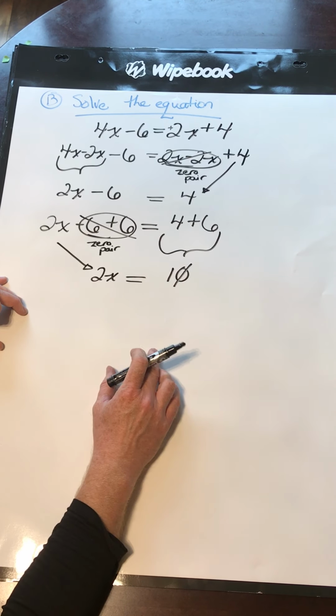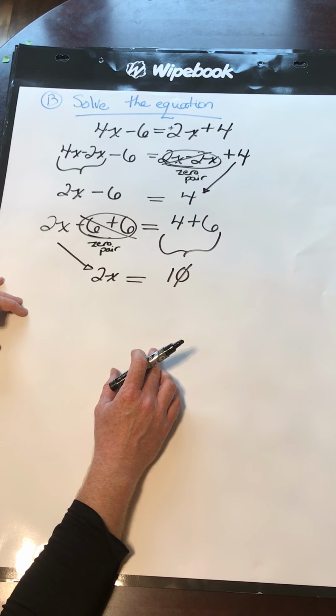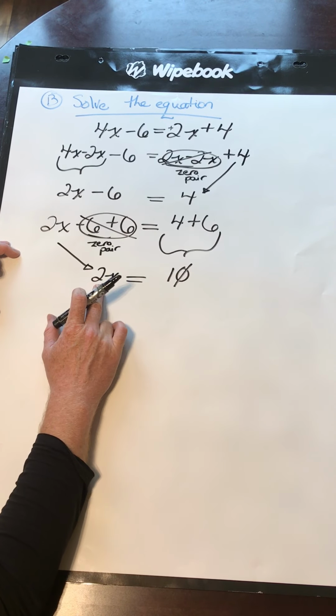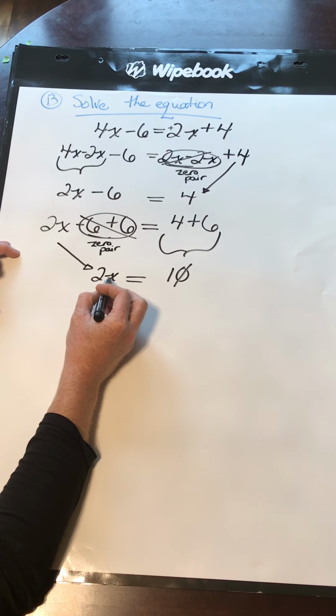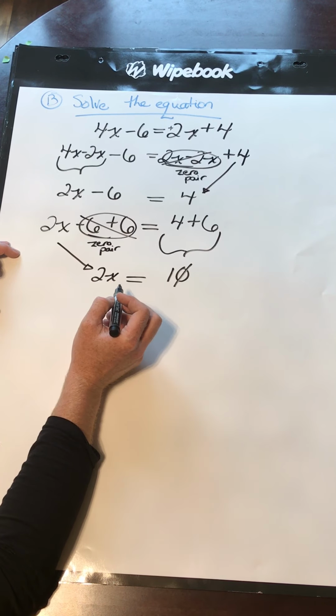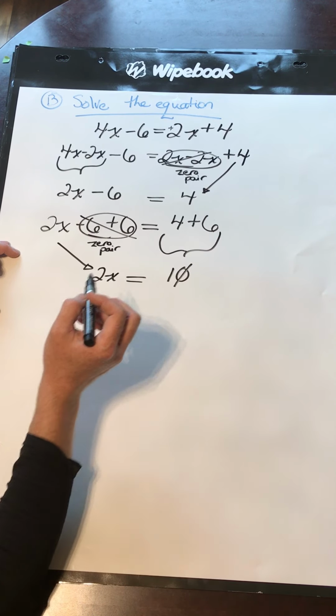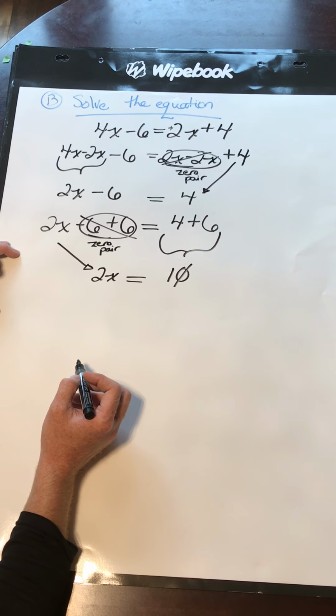We don't want to know what 2x is equal to. We want to know what 1x, or what x is equal to. So when I look at this, remember that what this means is that x is being multiplied by 2. So in order to get 1x, we need to do the inverse operation.